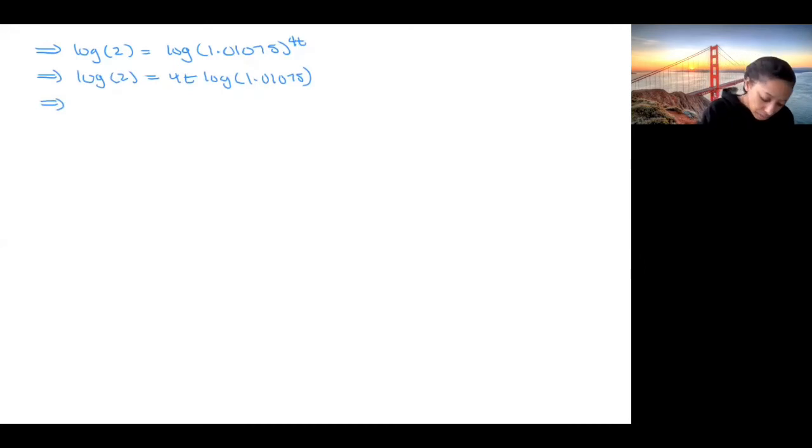To get t by itself, we need to divide both sides by 4 log of 1.01075. And then calculator time. So we type this into our calculators. This gives us 16.21.